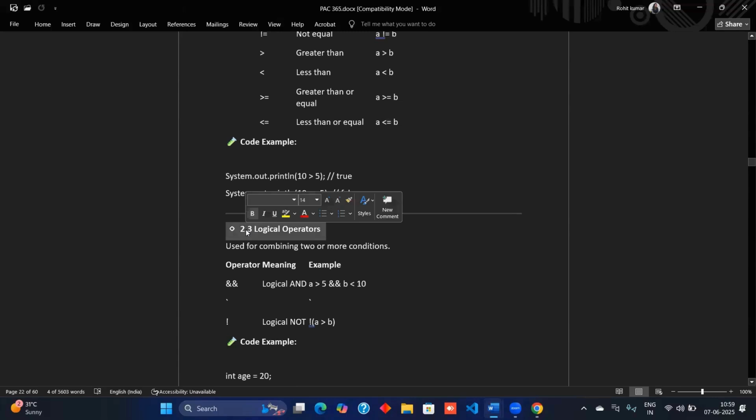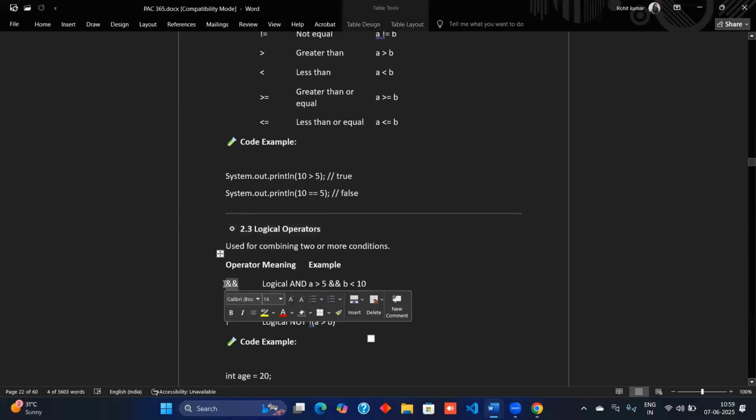Logical operators combine two or more logical conditions. Logical AND is written as two ampersands. Suppose the condition is A greater than 5 and B less than 10.